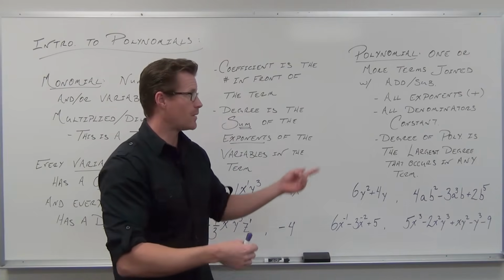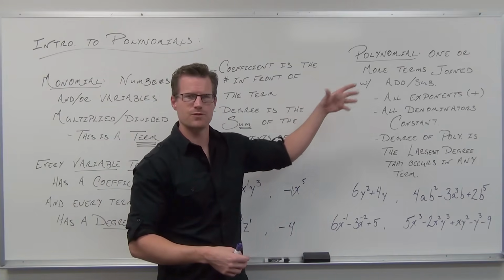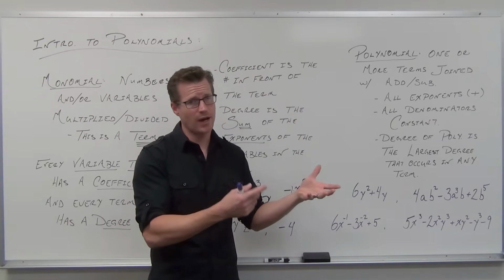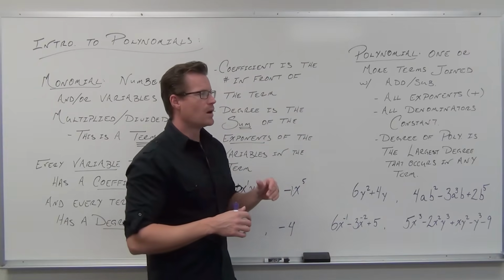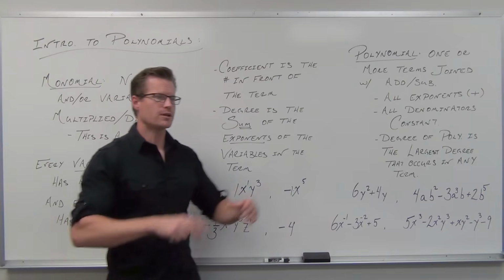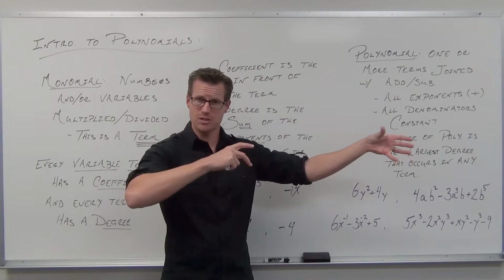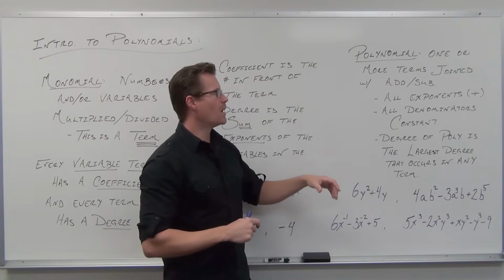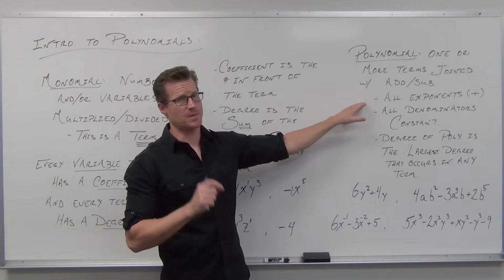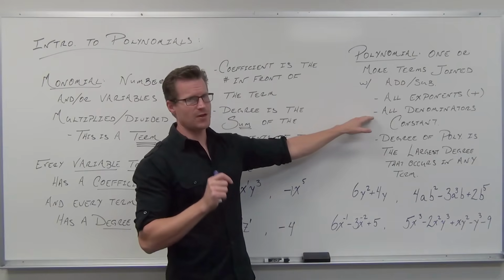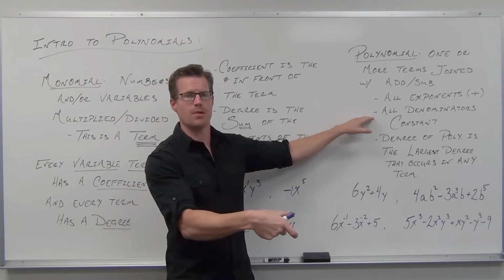That's a problem. That would go back to here. We'll talk about that in future videos. I just can't talk about it now. We haven't defined it. So for right now, monomials are single terms. Polynomials include single terms, but also have the ability to add more terms up. Through addition and subtraction, we can put more terms in there. All the exponents of those terms must be positive. All the fractions, if you have them, can only have numbers on the bottom.